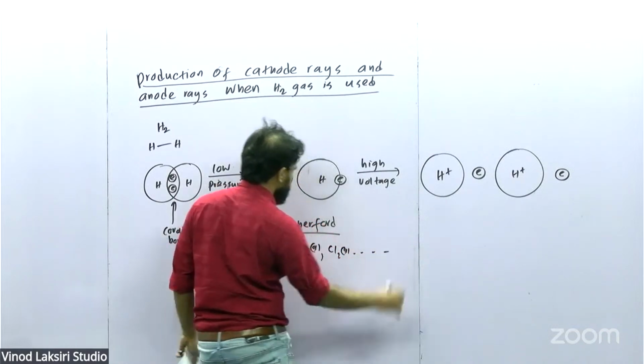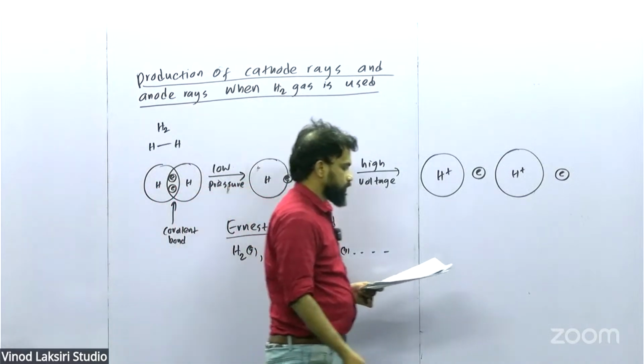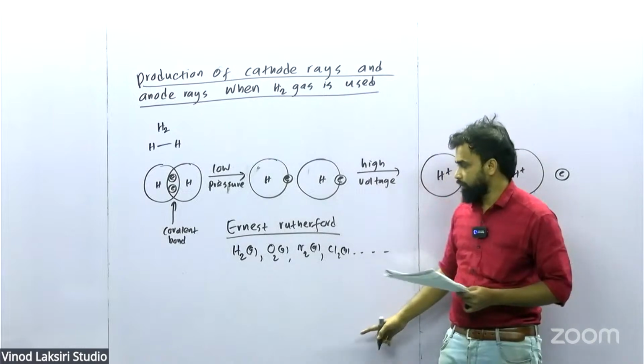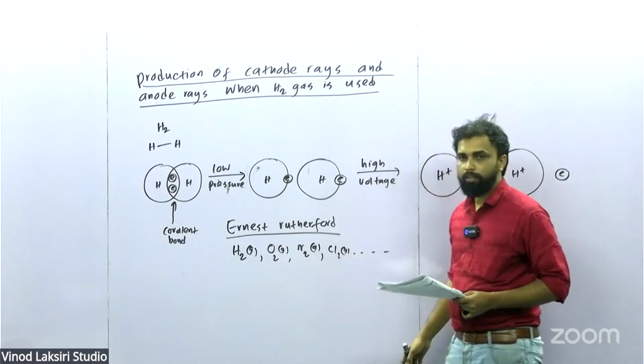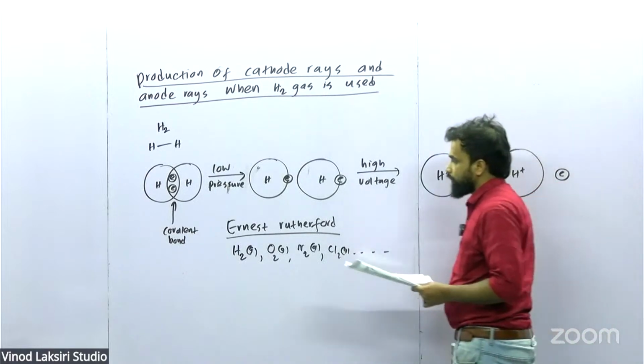Similar to the J.J. Thomson experiment, by using different gases, he determined the E divided by M value.